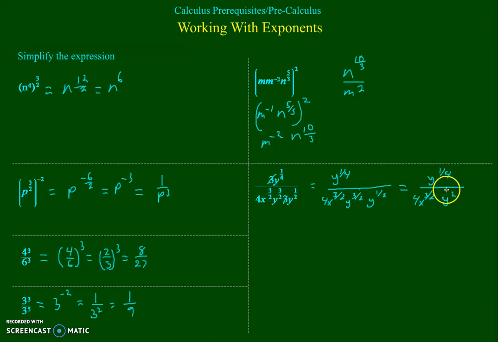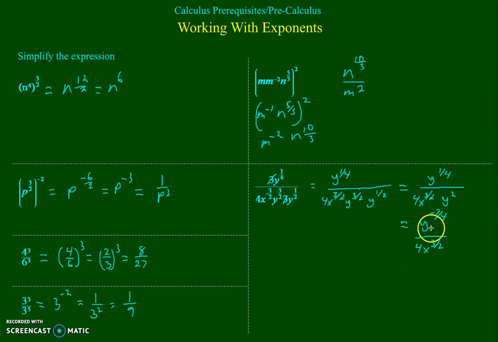Now we look at this and we have y to the 1/4 over y squared. If we convert this to fourths, that's the same as saying 8/4. So we have 1/4 minus 8/4 is -7/4. So this is y to the -7/4 over 4x to the 3/2.